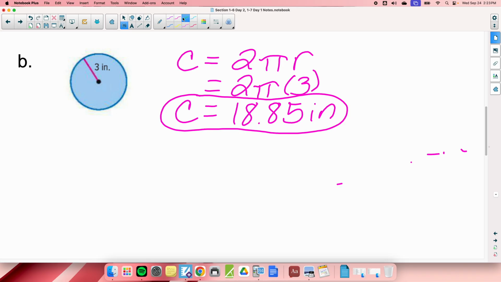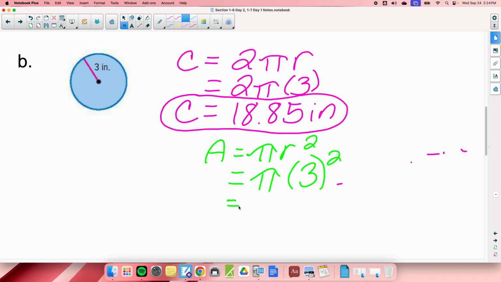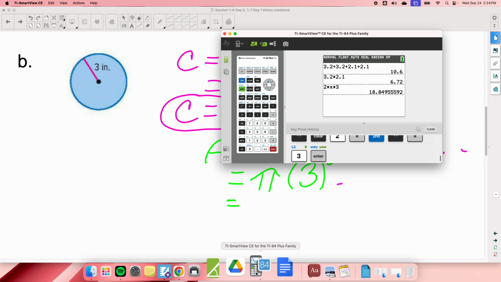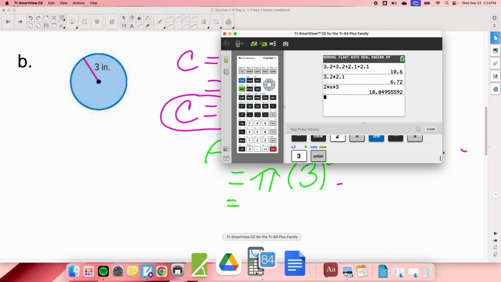When I go to do area of that circle, the formula is pi times radius squared. So I would go pi. Do you guys all agree the small one is your radius? Half is the radius. So we put 3 in here and we square it. Now, every calculator has a pi key.